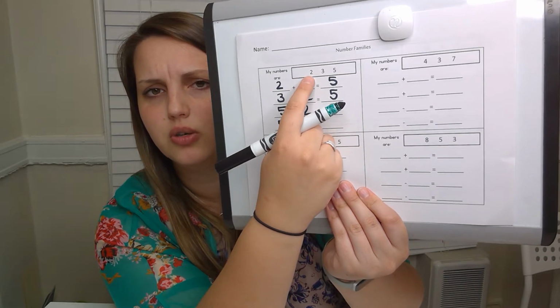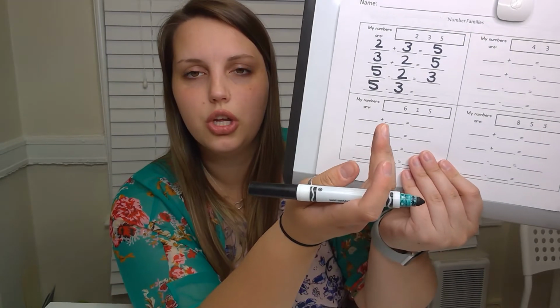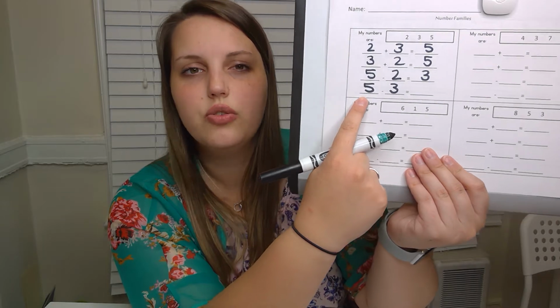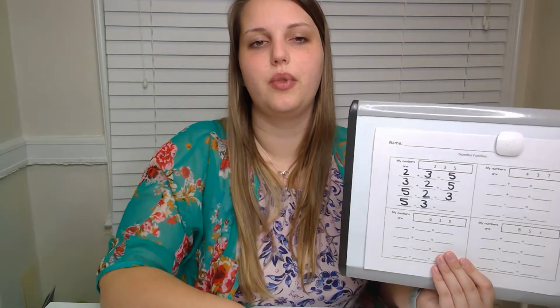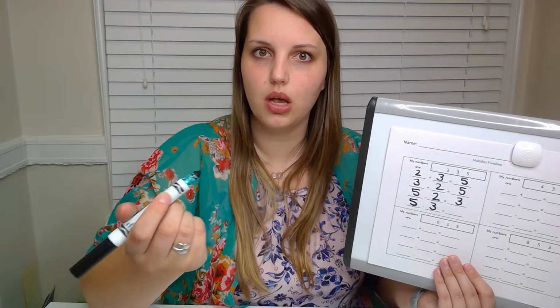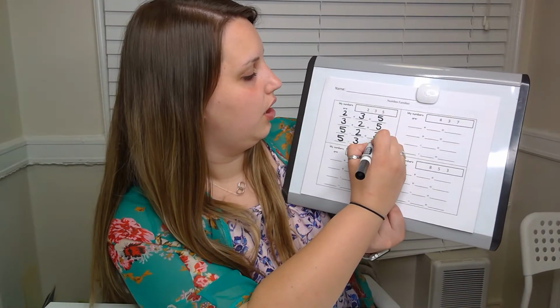What numeral is left? Our 2. Wait a second. Are you telling me that 5 minus 3 equals 2? Let's try it. 5, take away 3. 1, 2, 3. 1, 2. 5 minus 3 equals 2.